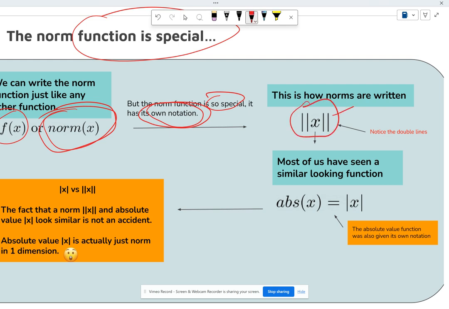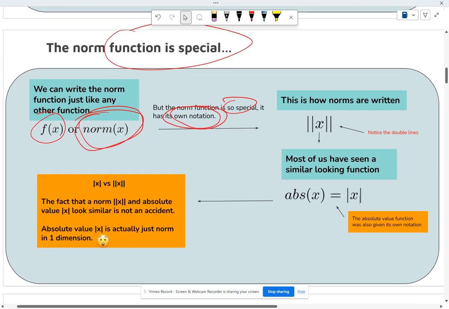Many of us have already seen similar looking functions, like the absolute value. Instead of the absolute value function written like this, we very often just write it like this. It's actually not an accident that they look so similar to each other.